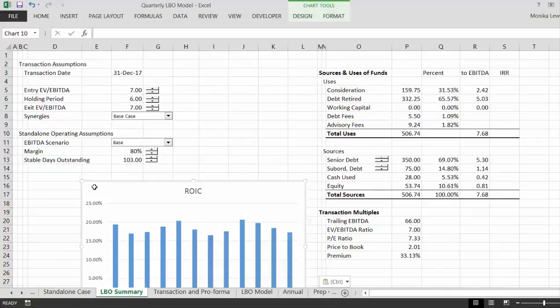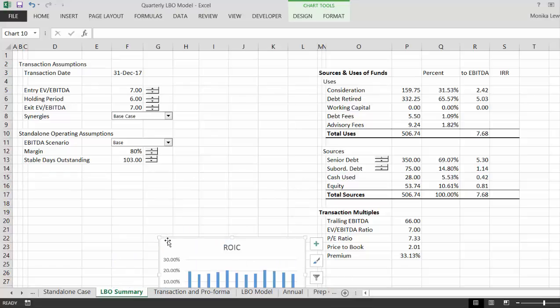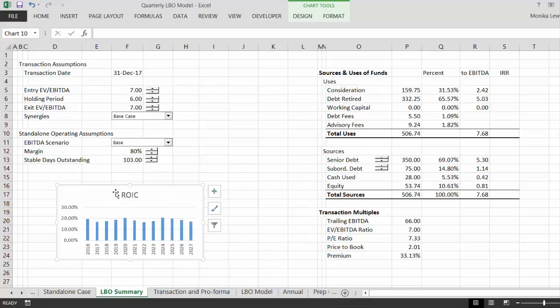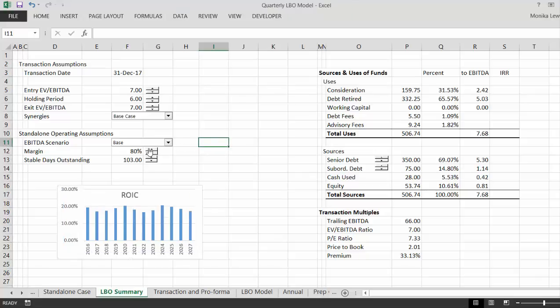Now, so we can get a sense of the realism of our numbers. Again, please don't let me waste time on this kind of thing. We can change the margin, and that's what we're really going to do. When we push the margin down, the ROIC goes way down, okay?